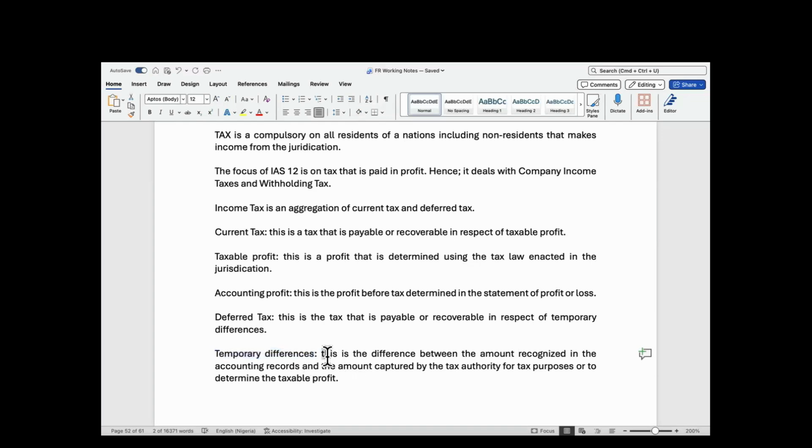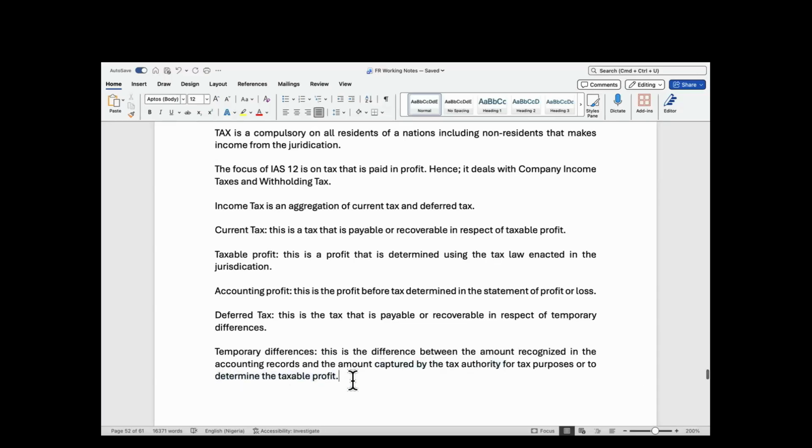Again, I said temporary difference. So this is the difference between the amounts recognized in the accounting records and the amount captured by the tax authority for tax purposes, or amount captured by the tax authority to determine the taxable profits.